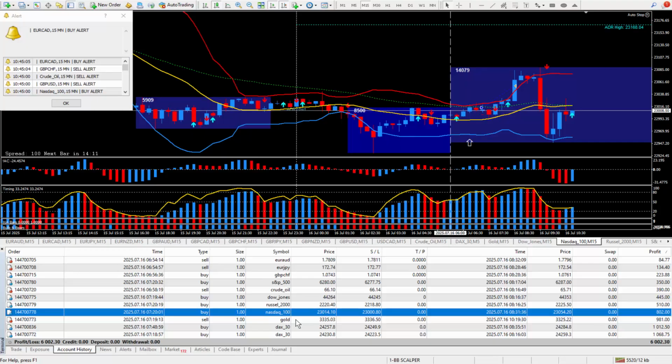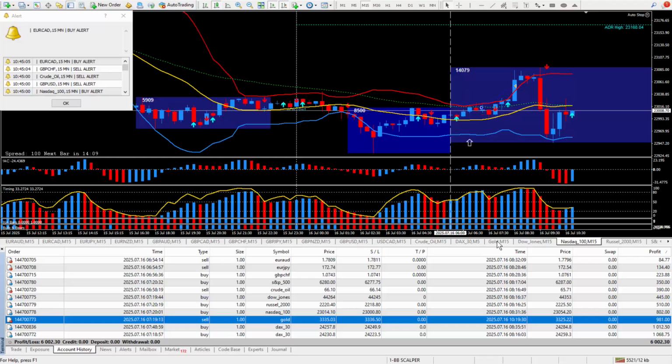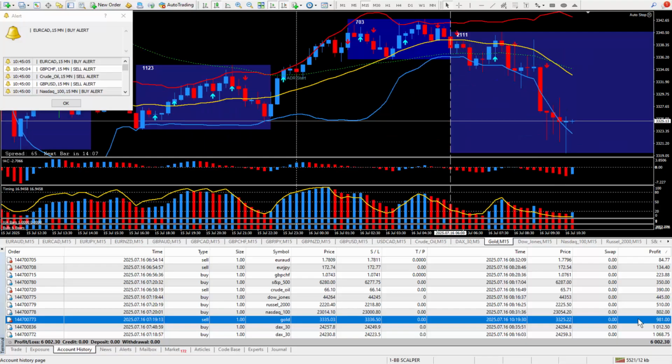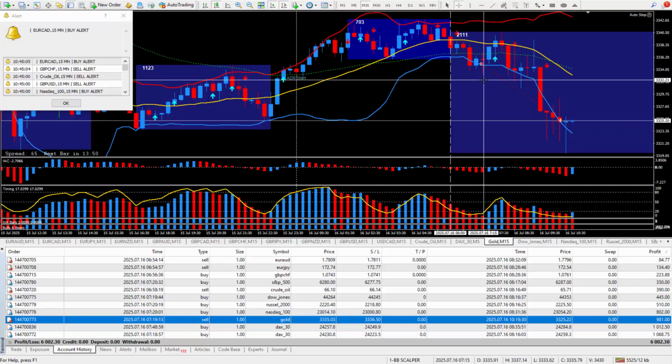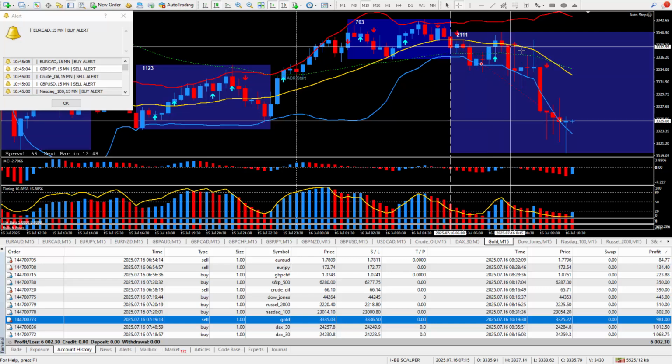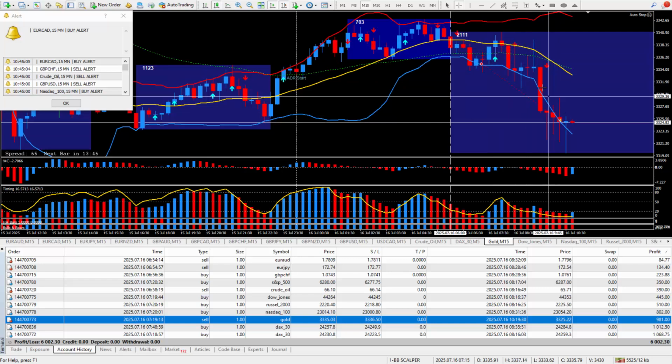The next trade, gold. Gold pays $10 for each tick. Easy to see with the money. It's 98, so let's just drag and drop this up. Wanted to be selling it, and I sold it at this point. And at this point, it did qualify for a great way to trade and did a bit of a pullback. Didn't bother me, but finally it kicked in.